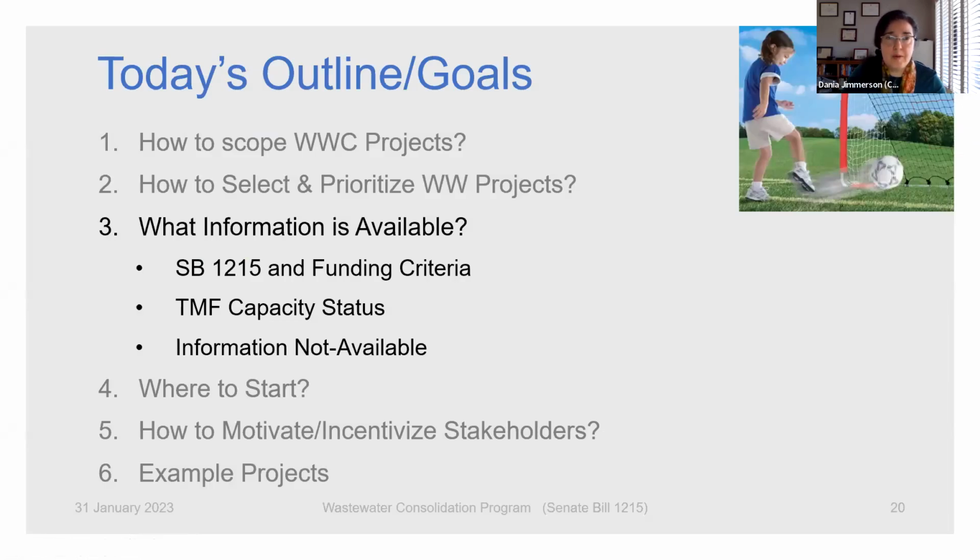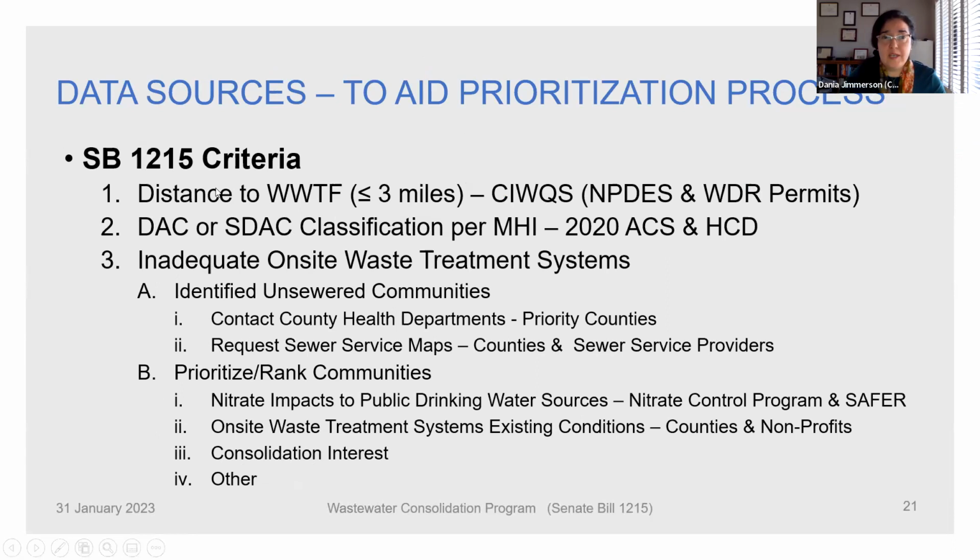Now I'm going to go through all the criteria that we use and the data sources that meet those criteria. In terms of Senate Bill 1215, where do we find communities that meet the 3 mile radius? That can be found in CIWQS, the database that contains all the National Pollutant Discharge Elimination System or waste discharge requirements permits.